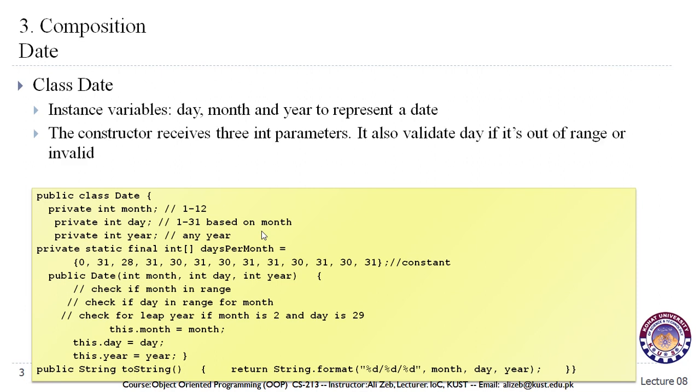The constructor uses three int parameters, as we can see over here, and we will need to validate these values within the constructor. It also validates a day if it is out of range or invalid.